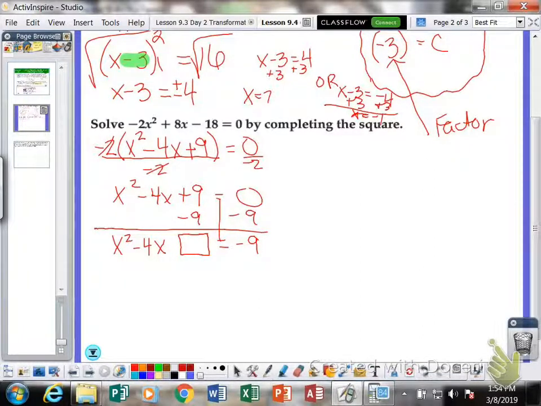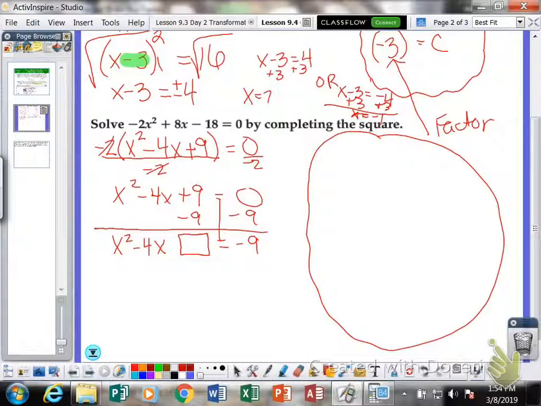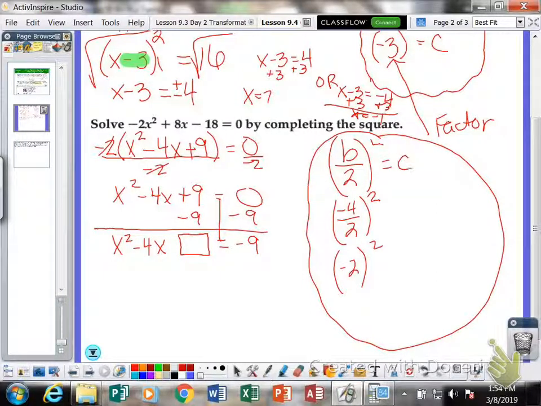Then I ask myself, on scrap paper, whatever, I take b over 2 and then square it. My b is negative 4, cut it in half, square it. Negative 4 divided by 2 is negative 2, and I want to square it.